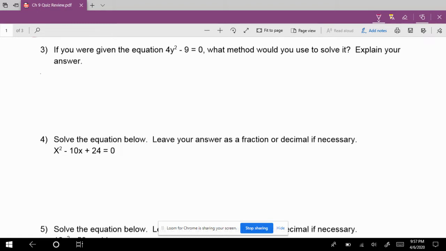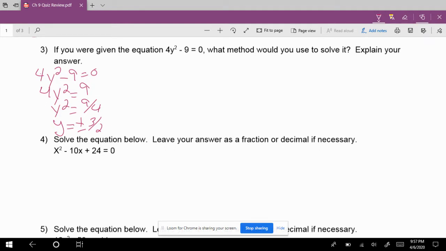I would take 4y squared minus 9 equals 0, add the 9, divide by the 4, square root, and I would get plus or minus 3/2. And I didn't show every step there because I'm kind of running out of space. But my explanation, and I would write it out, is I would use the square root method because there is not a b term. So make sure you would actually write that out.